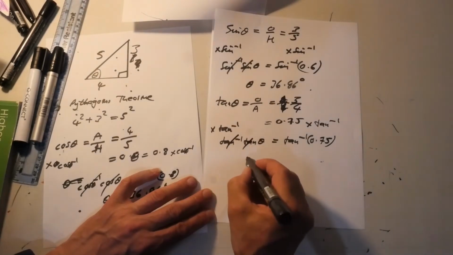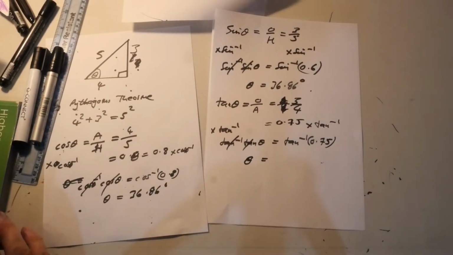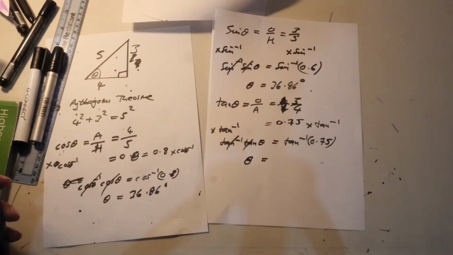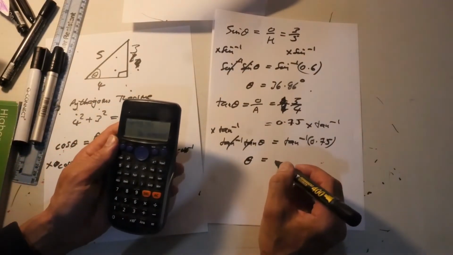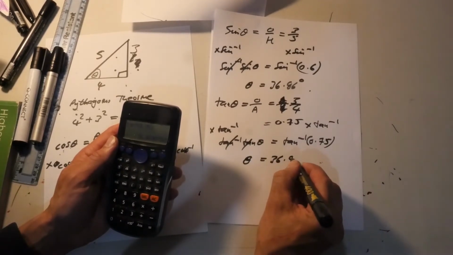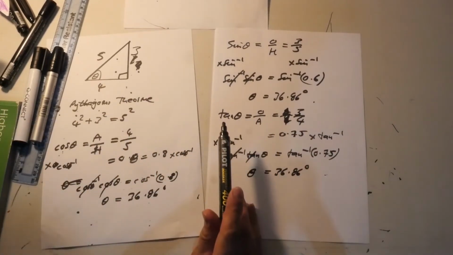Those cancel to give theta equals the inverse tan of 0.75, punched through the calculator. And amazingly, that gives you 36.86 degrees. So again, it's the same result, okay?